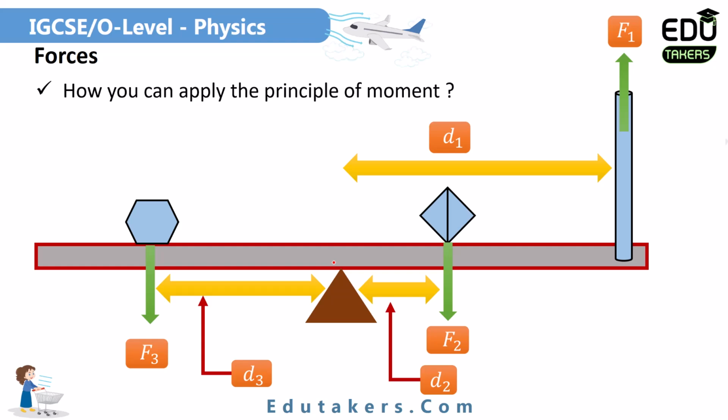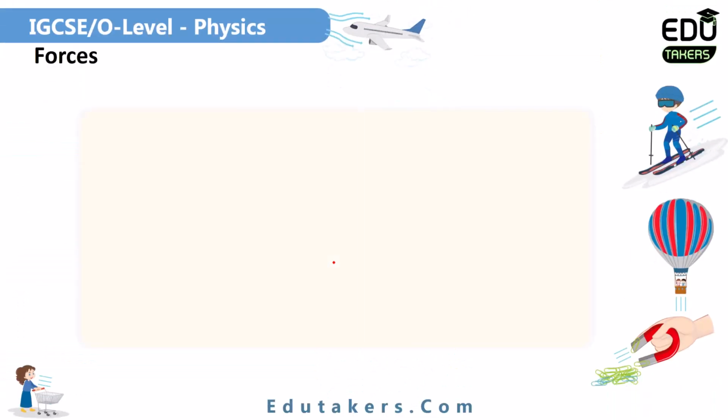You just need to remember, according to the principle of the moment, the clockwise moment is equal to the anti-clockwise moment. But in this case there are three forces. So I can simply say the total clockwise moment is equal to the total anti-clockwise moment according to the principle of the moment.